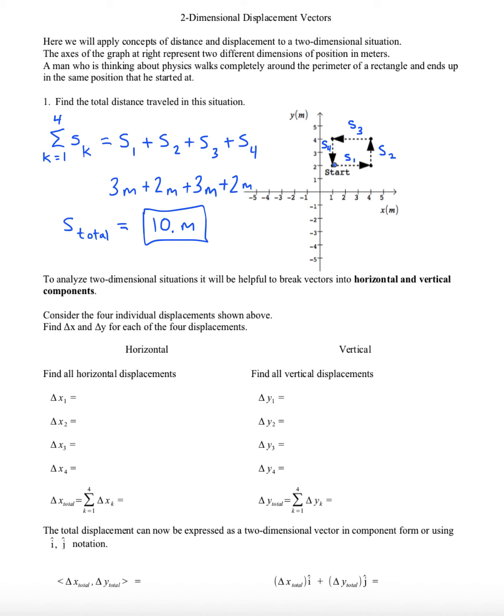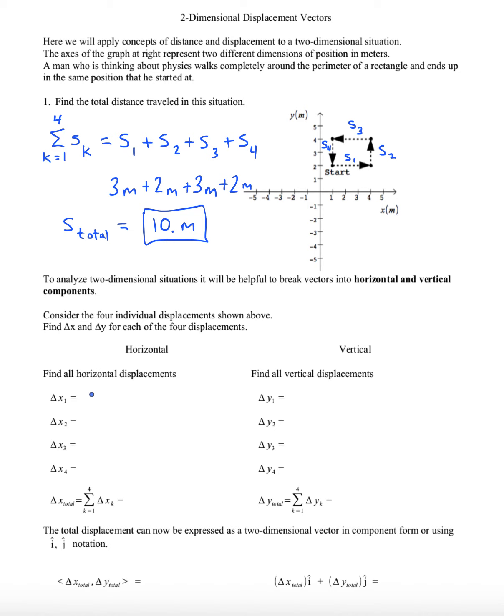Luckily, these vectors are aligned with the x and y directions, so we don't have an unusual direction vector such as something like this. This is going to make our analysis a little bit easier. So delta x1 represents the change in x for the first leg, and delta y1 represents the change in y for that same movement.